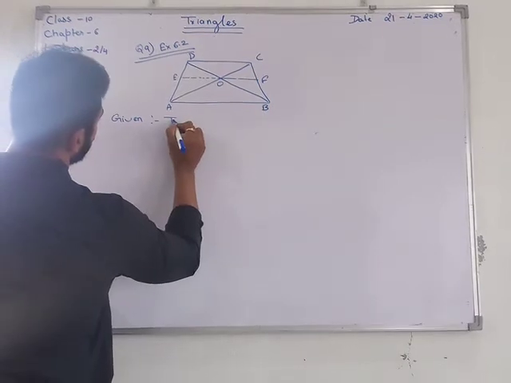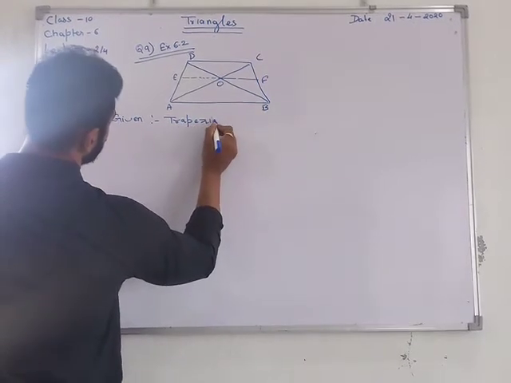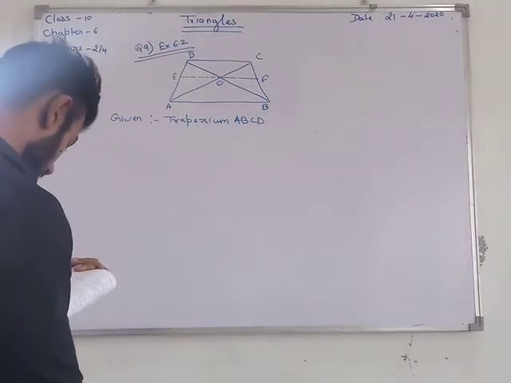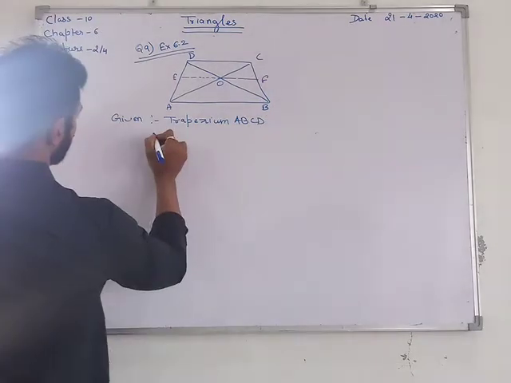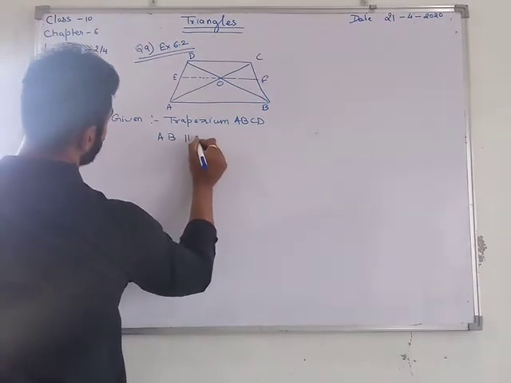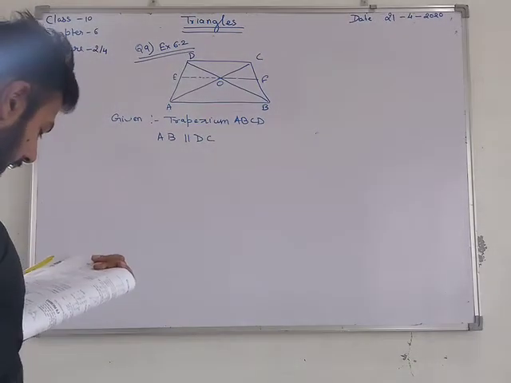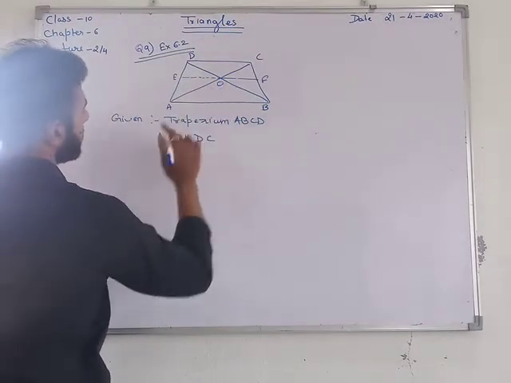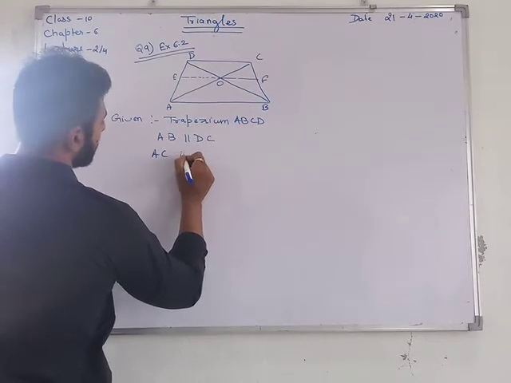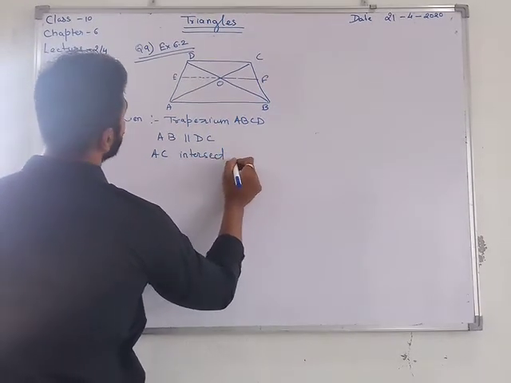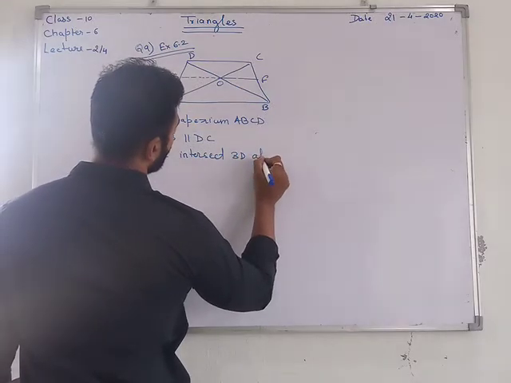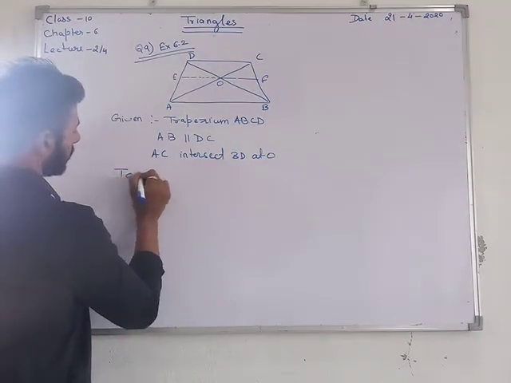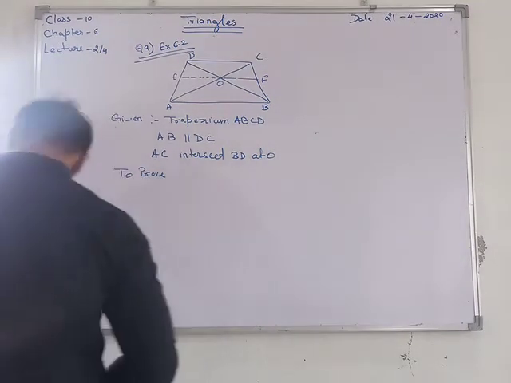Given: trapezium ABCD in which AB is parallel to DC, and its diagonals intersect at point O. Diagonals AC intersect BD at O. To prove: what we have to prove?